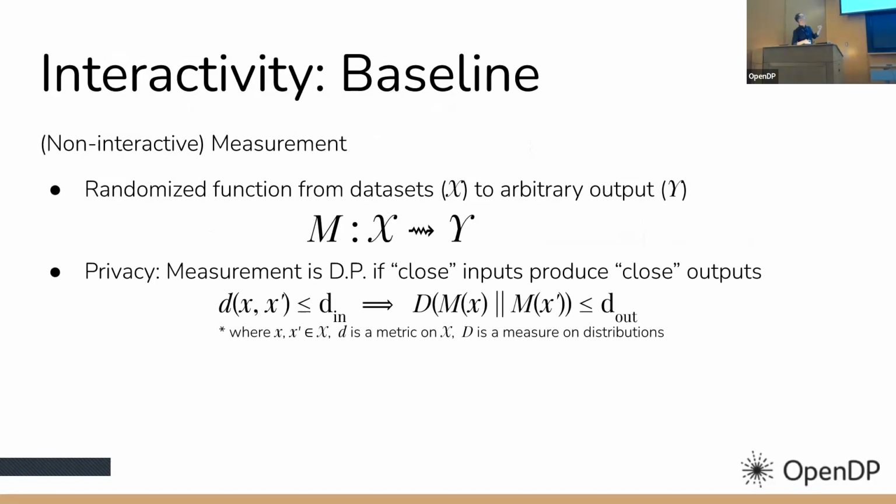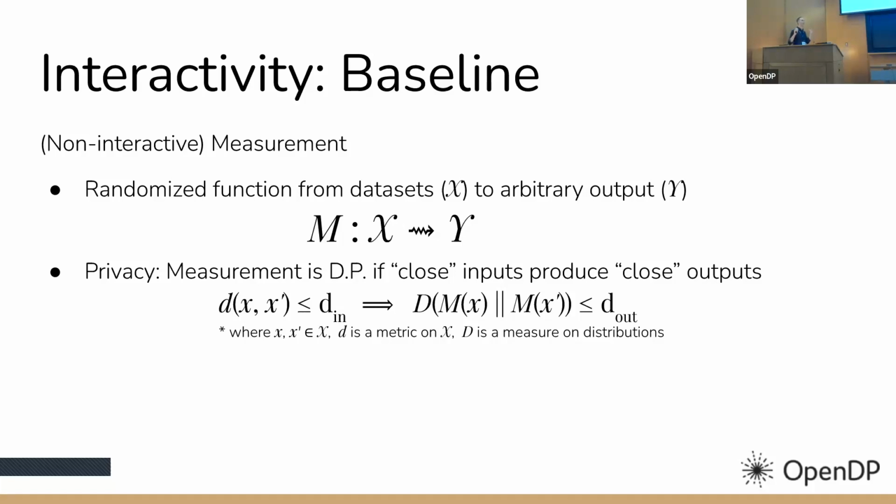Plain non-interactive measurements, you can think of as a kind of fancy function. It's a randomized function that maps from data sets, say something like a sample of survey data, to some arbitrary output, which might be, say, the mean of one of the values in that data set. But the important thing about these special functions is that you can talk about the privacy of what comes out of them.